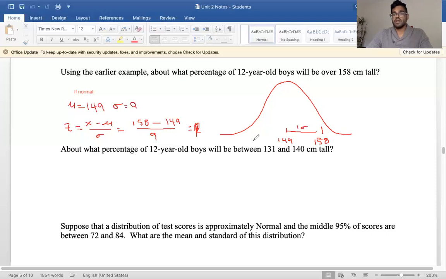Now, if it's normal, we can use our empirical rule. Well, what do we know? From the beginning to the end, this is 100% of the data, so from the beginning of the graph to the middle is 50%. And we said we can divide each of these chunks into halves. We know this is 34%, because plus or minus 1 deviation is 68%, so going from here to here is 68, and half of it is 34.